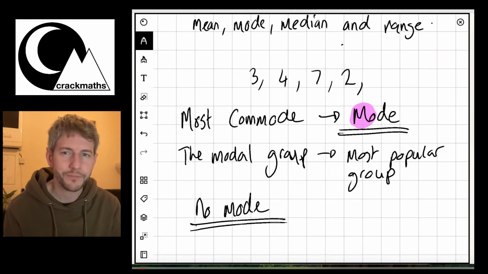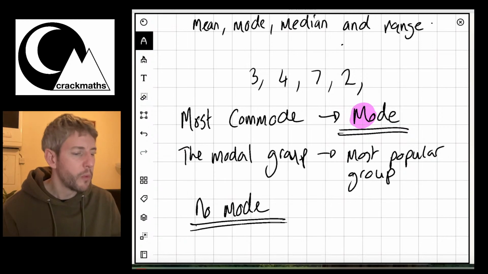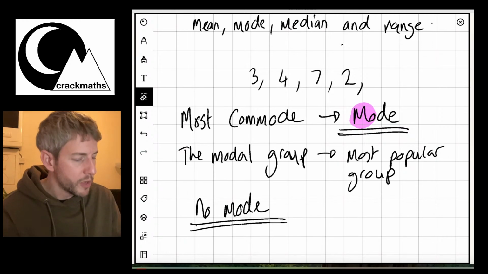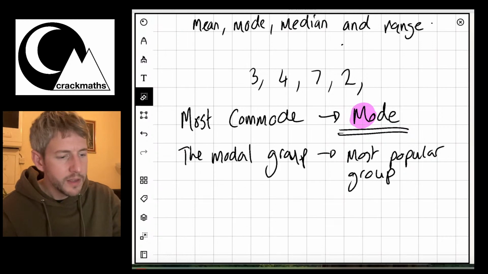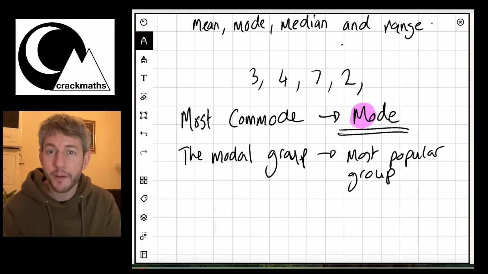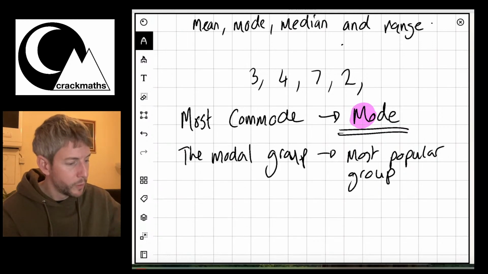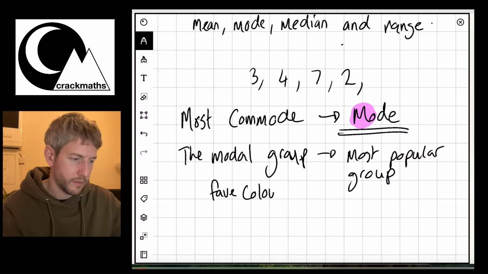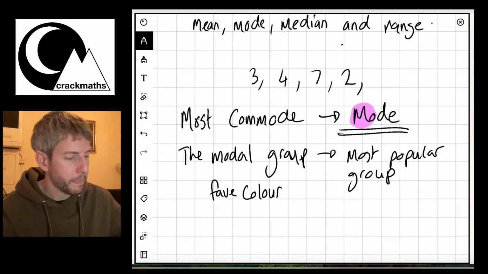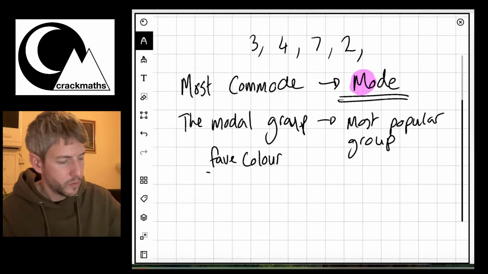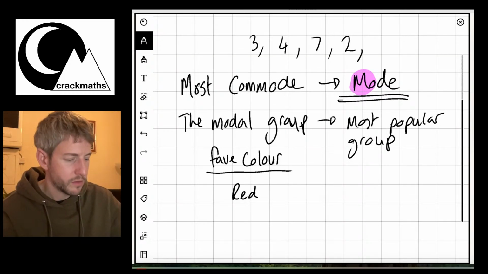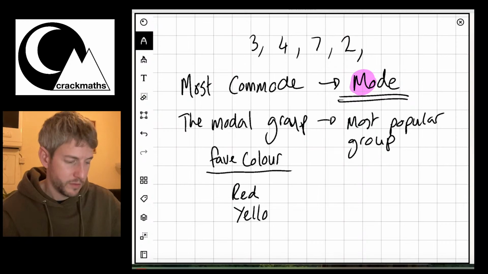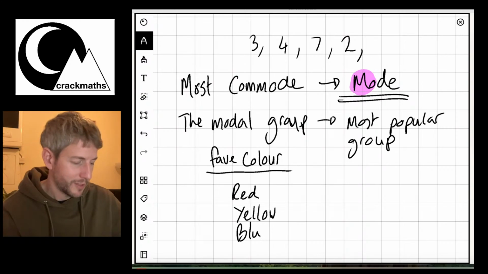Okay, great. Let me just quickly show you what I mean by this phrase modal group. Let's say I have asked people their favourite colour, and people have said red, yellow, blue.